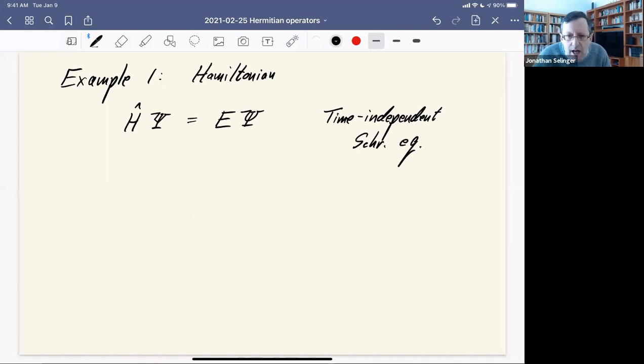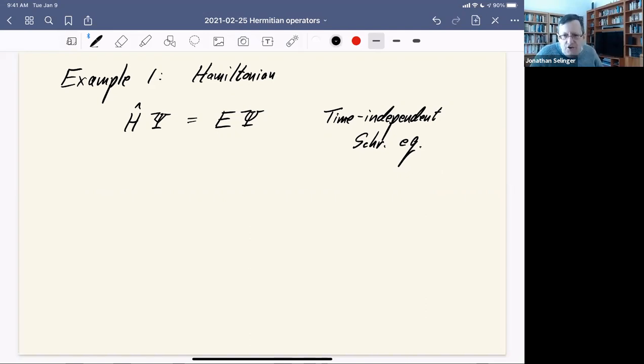When I first showed you this equation a few weeks ago, it was just, look, here's a nice trick for solving Schrodinger's equation, to do the separation of variables. But now with this mathematical formalism, we see that it's more than just a nice trick.